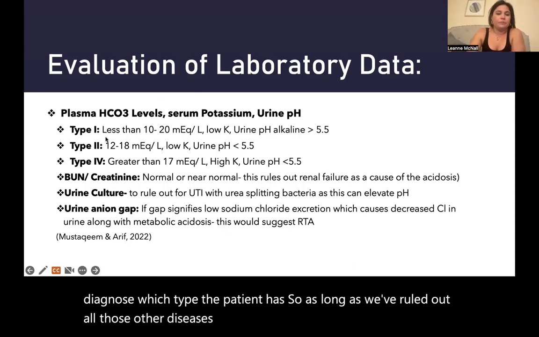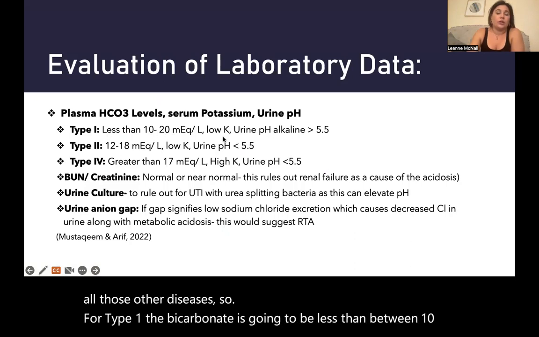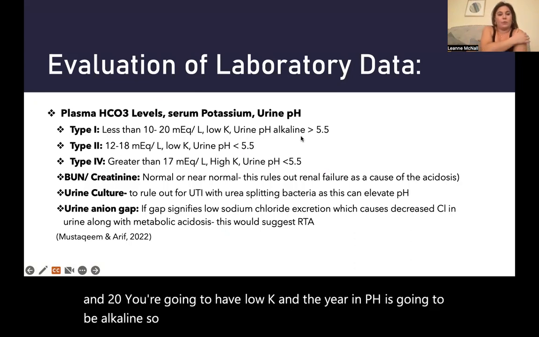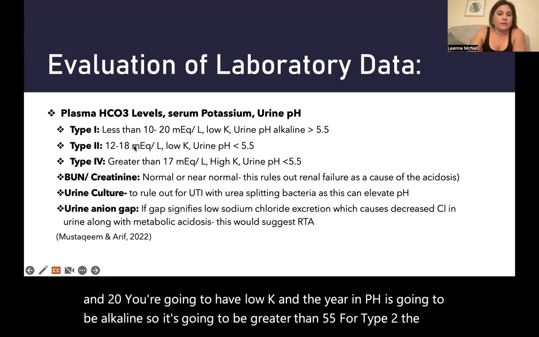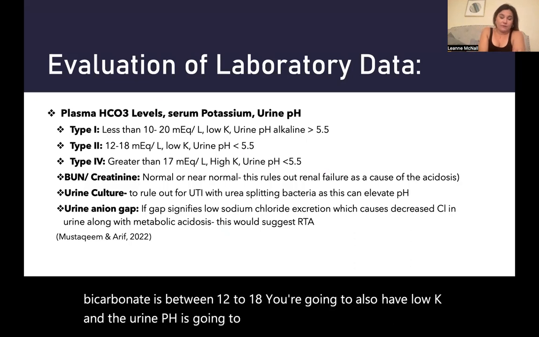So for type 1, the bicarbonate is going to be between 10 and 20. You're going to have low K, and the urine pH is going to be alkaline, so greater than 5.5. For type 2, the bicarbonate is between 12 and 18. You're also going to have low K, and the urine pH is going to be less than 5.5, so it's going to be acidic.